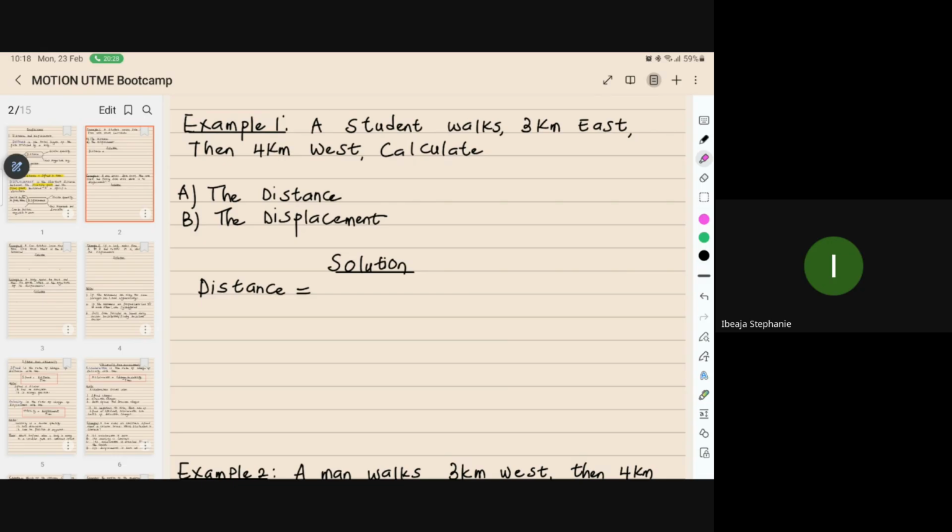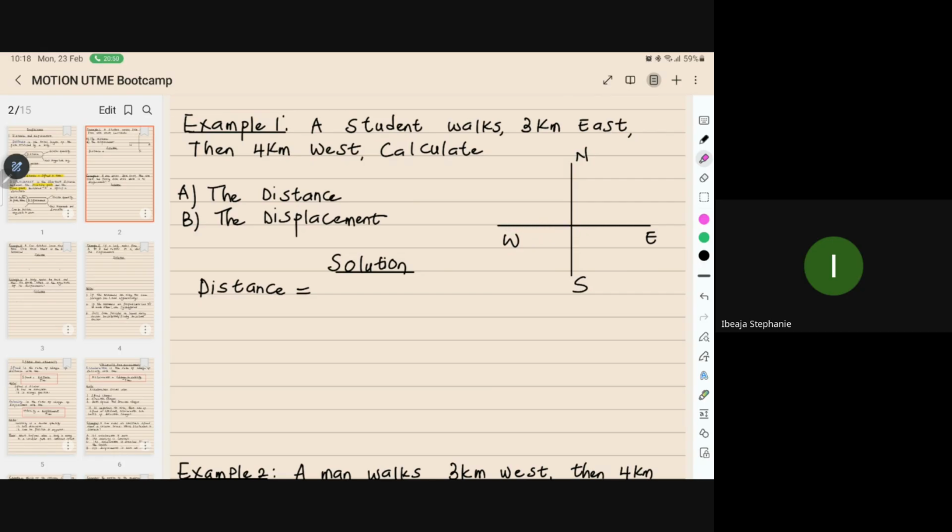So now, when you move to the first place, you traveled 3 kilometers. Then it doesn't end here. You move again another 4 kilometers to the west. Remember that you have your four cardinal points. In case you don't know, your four cardinal points, you have the north, the south, you have the east, and the west. So now it is happening along the same line.